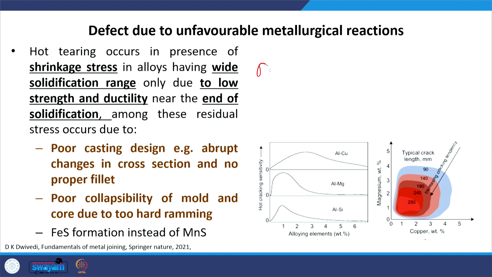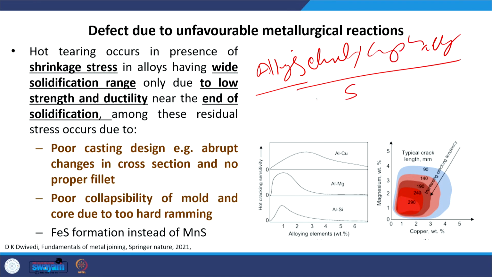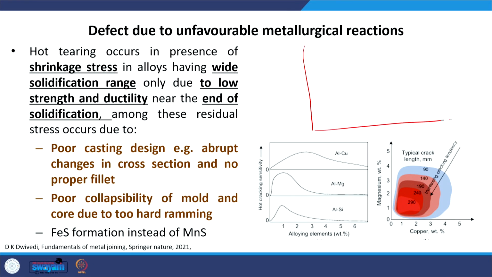Another one: sometimes the alloying concentration, or the composition of the alloy, is such that it promotes a wider solidification temperature range. So, how does this happen? Let us talk about a particular kind of alloy having partial solid solubility, like this.